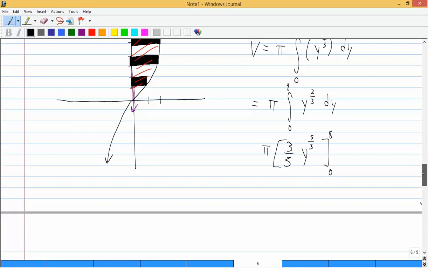Now what I would suggest doing, just to make our calculations a little bit easier, is take this constant in front and move it out. So in front we have 3/5 pi, and then we're going to evaluate y to the 5/3 from 0 to 8.